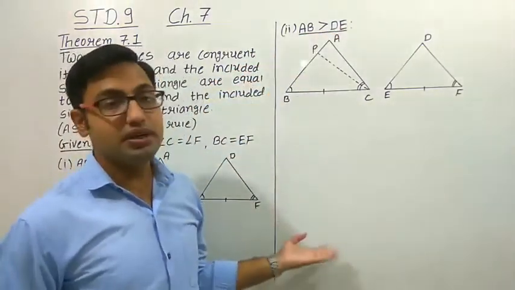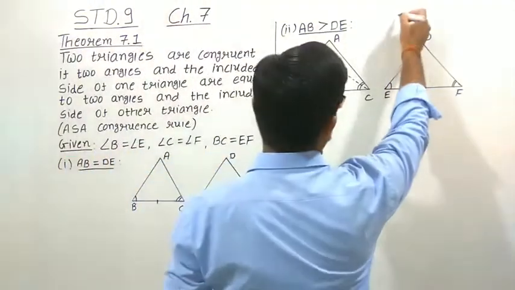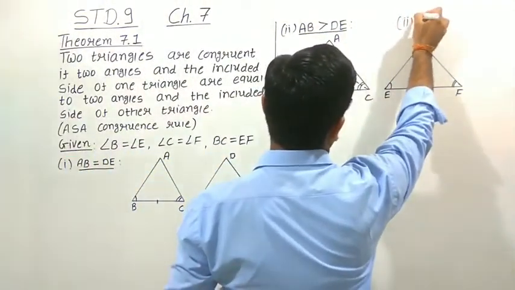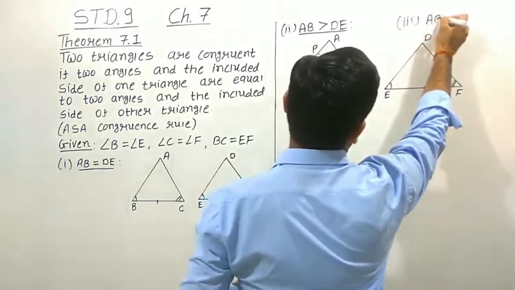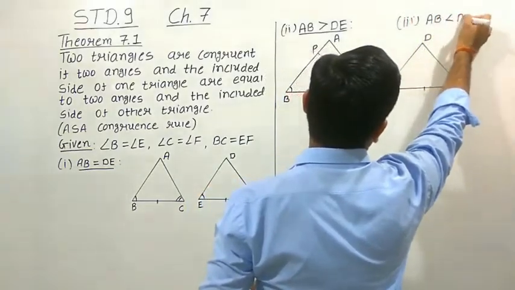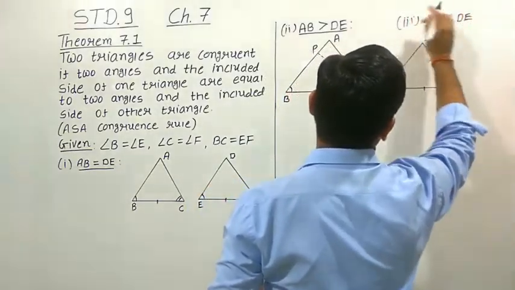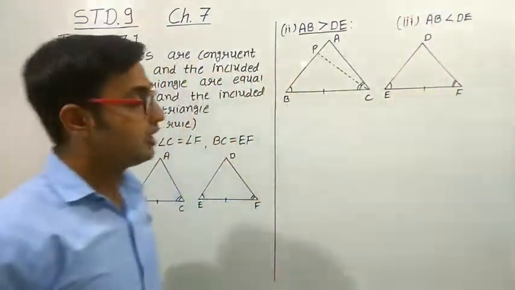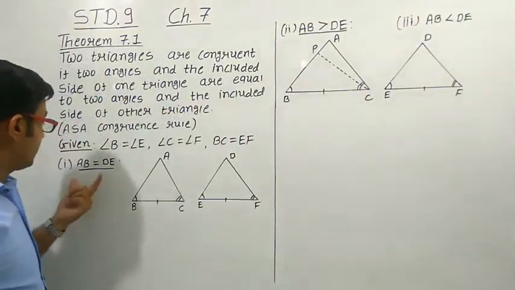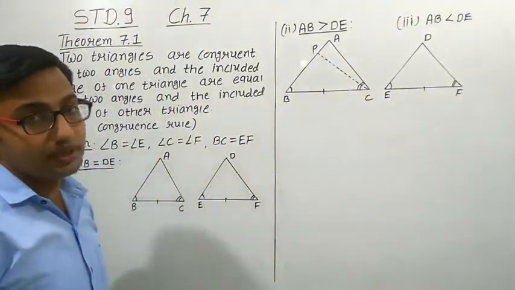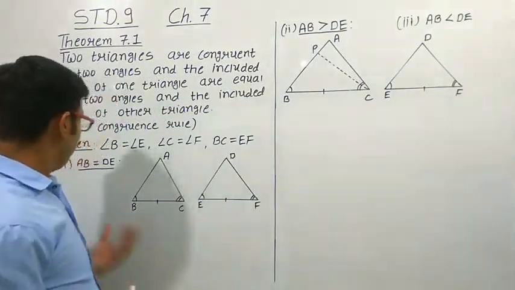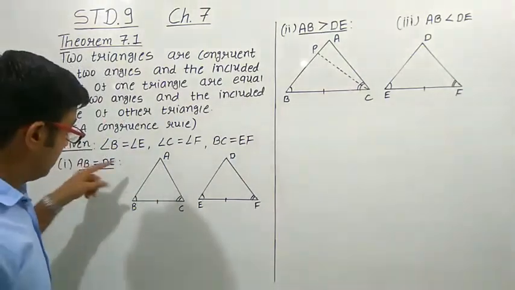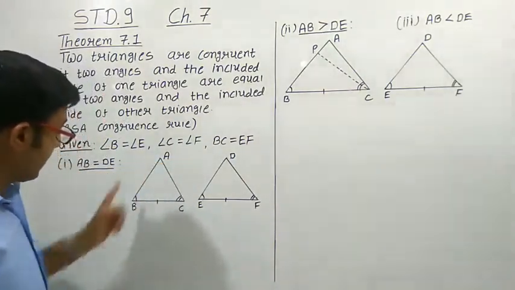And the third possibility is that AB is less than DE side, right? These three possibilities are there. Currently we are working on the first possibility, that AB equals DE. So let us see what will happen if AB becomes equal to DE.